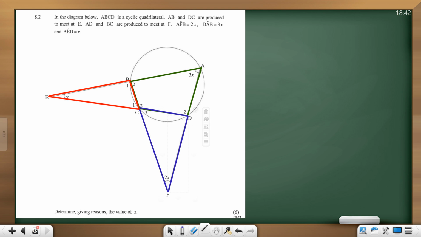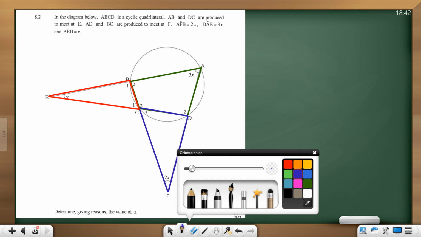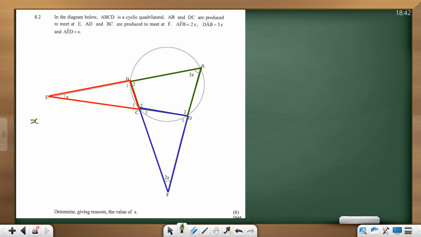And then I looked at the red triangle first. I said angle E plus angle B1 plus angle C1 will give me 180 because of the sum of the angles in a triangle. Let me just write your thought pattern down: E plus B1 plus C1 equals 180 degrees.